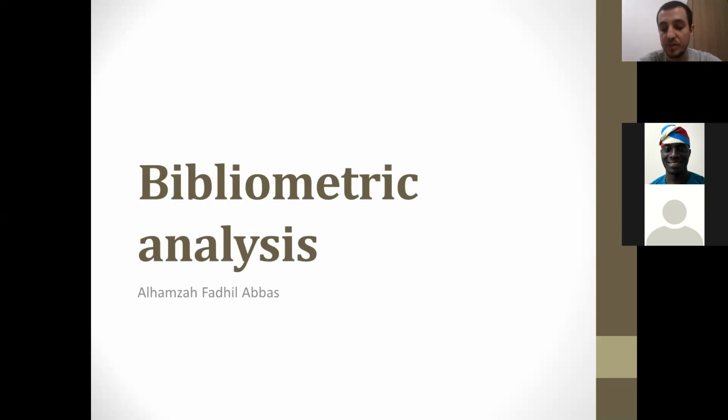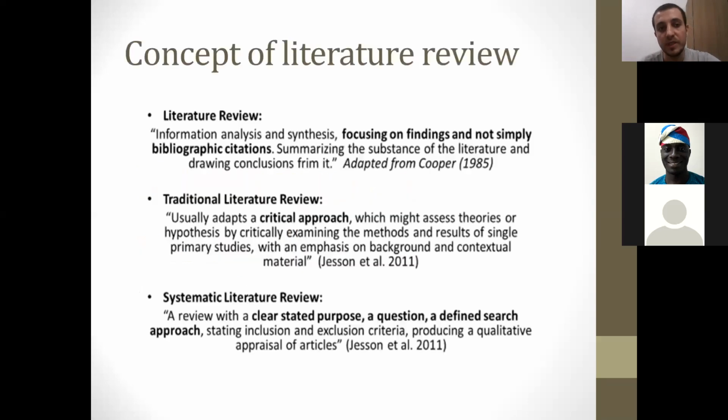and different methods that could be used to analyze the data or other research papers. Okay. So first of all, we have to understand that the concept of literature review has been divided into several categories. As you see, the first one here is the literature review.